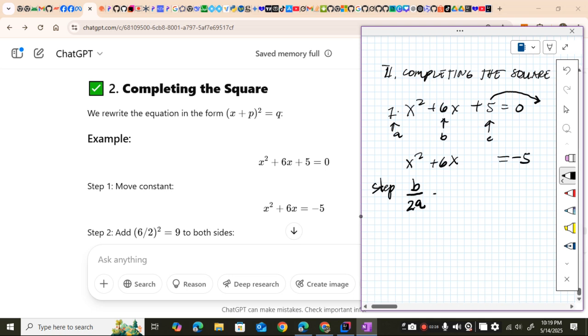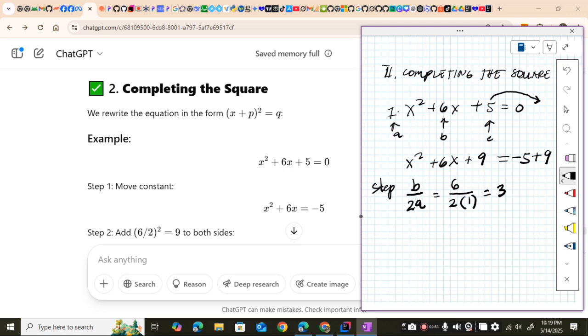So here, our b is essentially 6, and our a is essentially 1. So this turns out to be 3, and don't forget to square the term when you add it. So if we square the term, that's plus 9.